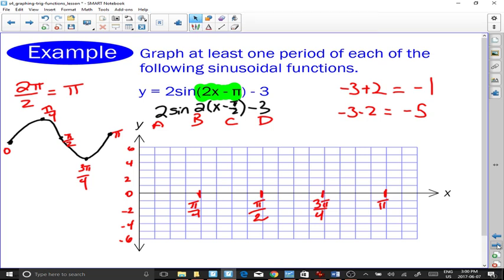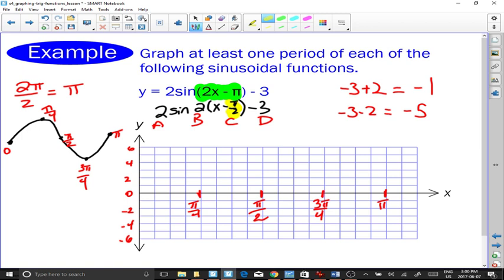But because we have something in this expression, this minus pi over 2, what that means is we move everything pi over 2 to the right. Everything moves to the right, pi over 2.